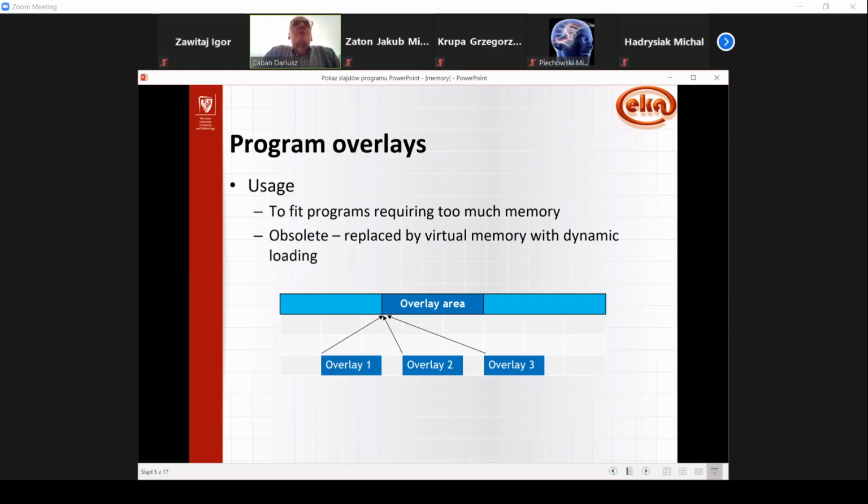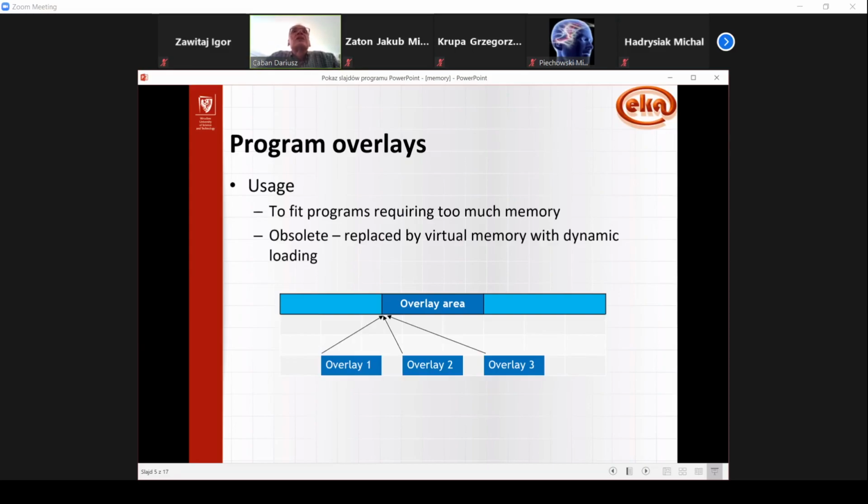Nowadays, it is still used, but it's not so popular because the approach used by virtual memory, which I will be discussing, well, maybe not today, but certainly within this set of slides, has made it more or less obsolete.